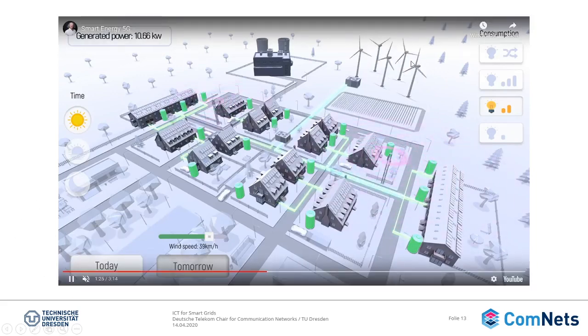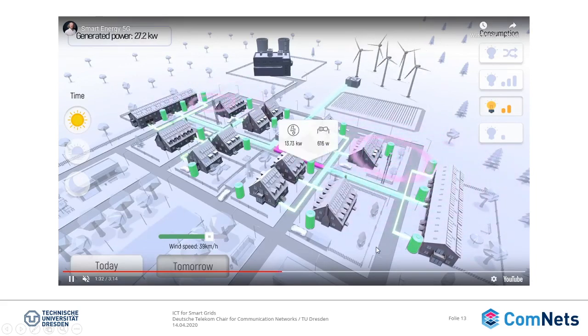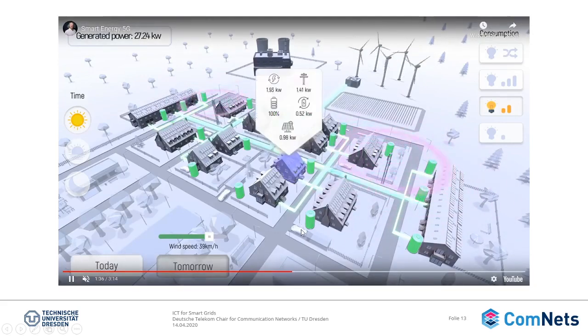So here you can see that the wind generated power starts being pushed inside the grid, and then all the users start filling their batteries. And here you can see that, for example, this guy is getting 1.5 kilowatt from the main grid, and he is filling his battery with 0.5 kilowatt.